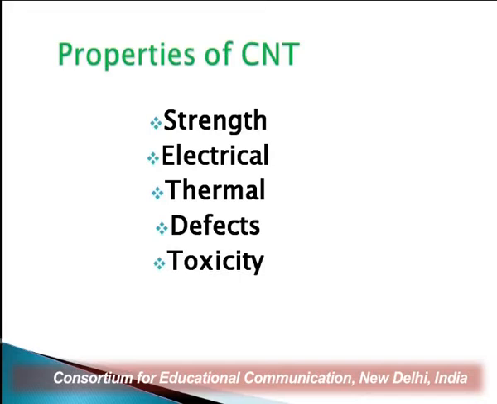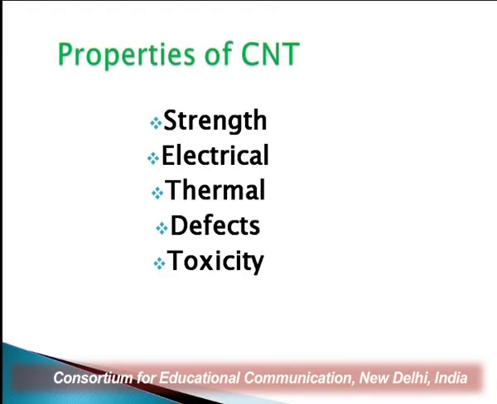Now we discuss the properties of carbon nanotubes. There are lots of properties, if we talk about strength, electrical and thermal properties. Defects are also incorporated in the CNT, and it has various applications in various fields after incorporating defects.